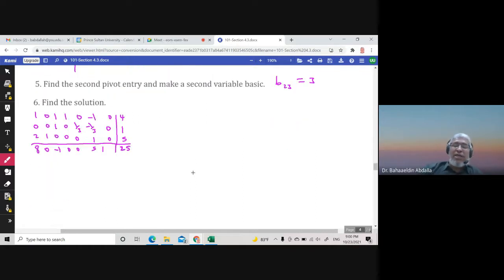This is not a final matrix, which means you cannot talk here about a basic and non-basic or a maximum or a solution. No.